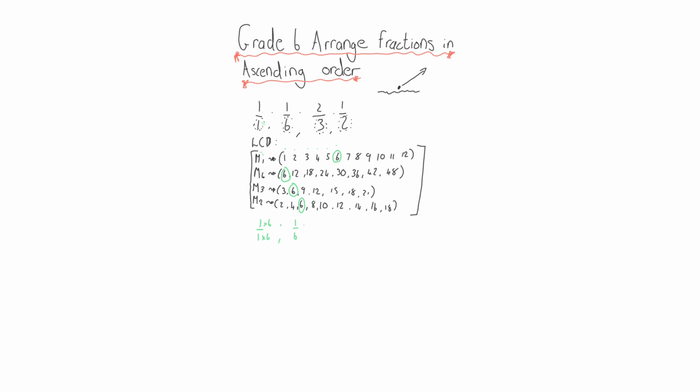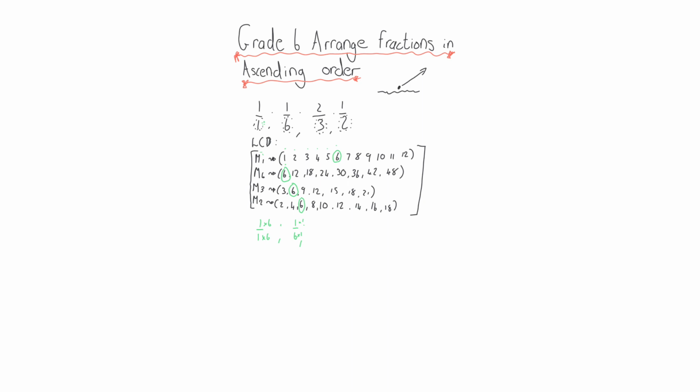It's very important to keep the format. Don't go and put the half first and then 2 over 3 before we get to the end. This is a process, you have to follow the process. So first, how do we get 6 here? Times it with 1, so times 1 and times 1. That's how we get this one.